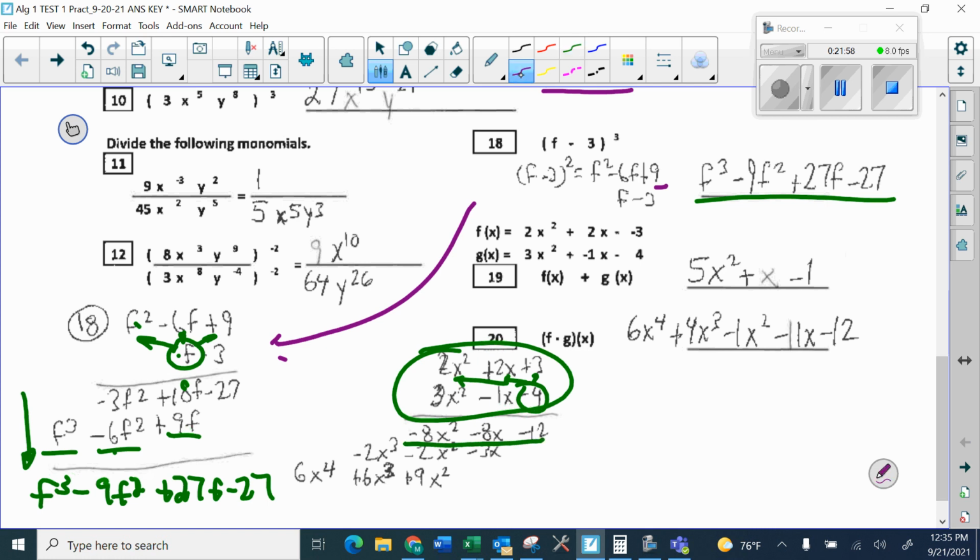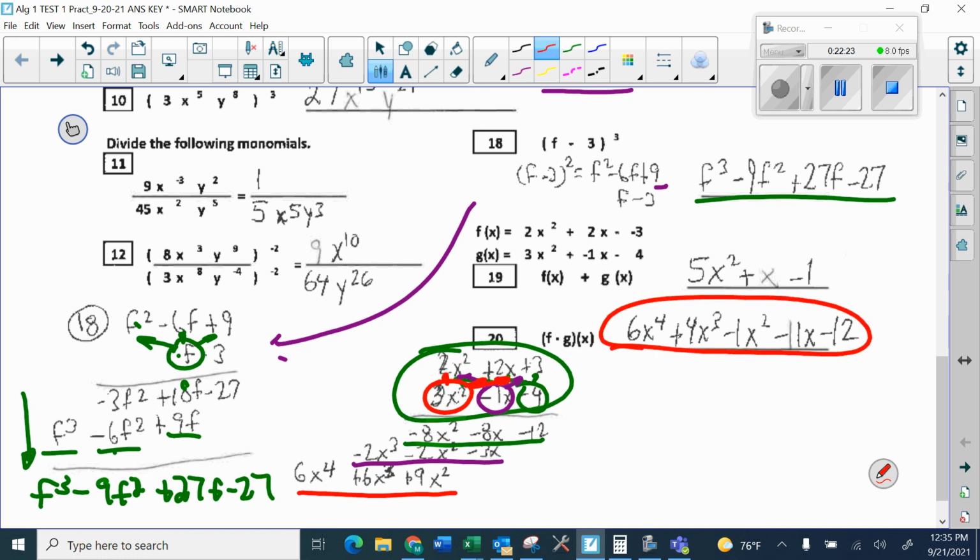Then take the negative 1, distribute it to all three of these. That's row 2 right there. Then take the 3x squared, multiply it through all three of these. And that is the third row right there. Okay, and then I just add straight down because I already have my like terms there. And I get the final answer of this right here.